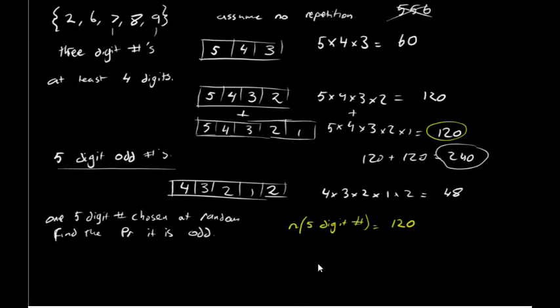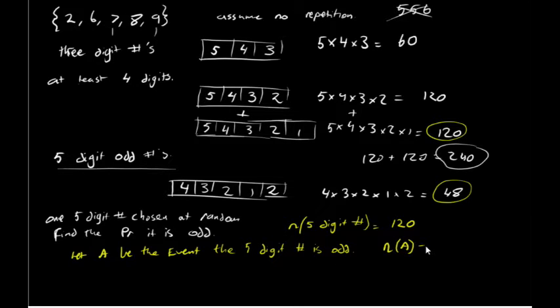And I'm going to let A be the event that the 5-digit number is odd. So the number of 5-digit numbers that are odd, the event A, was 48.